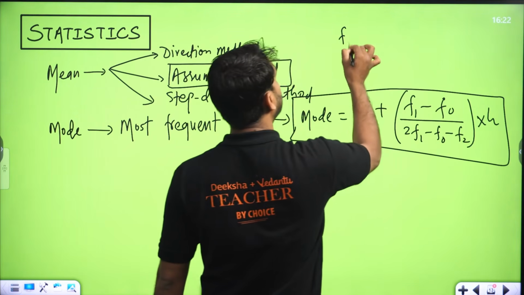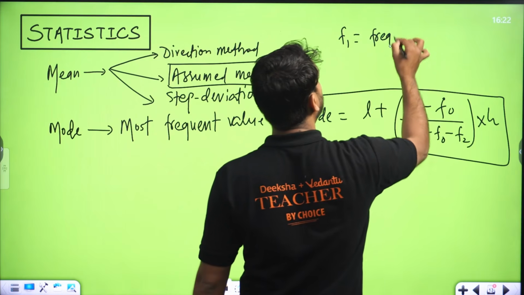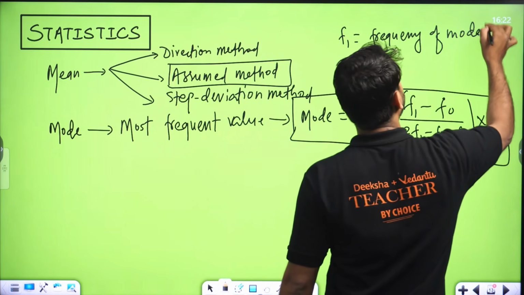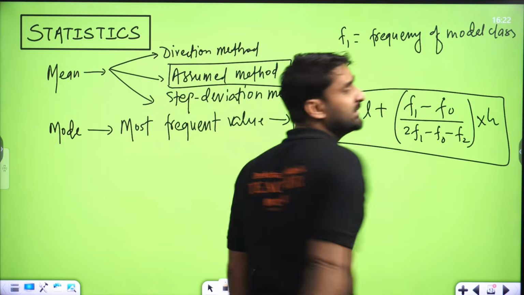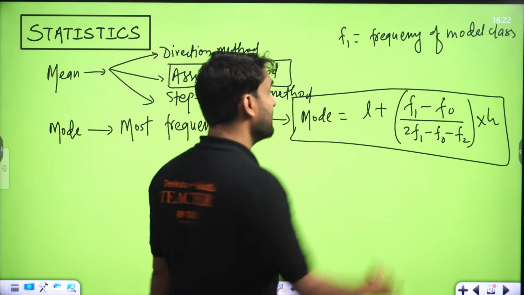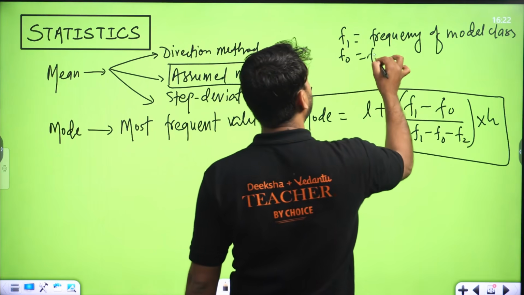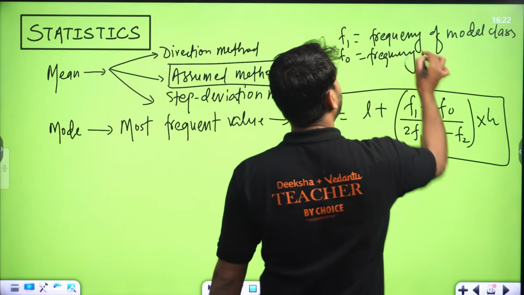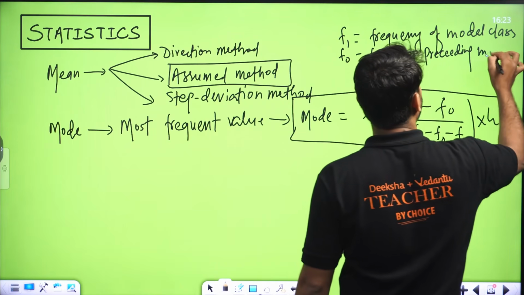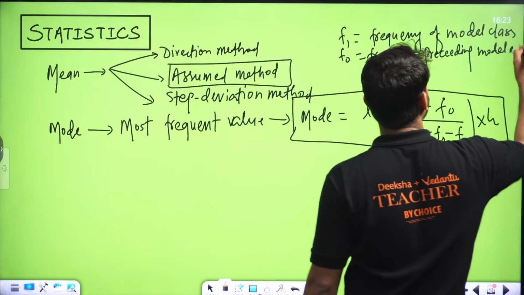By using this formula, you can find the mode of any frequency distribution table. Here f1 is what, my dear? The frequency of the modal class. You know the modal class, the class which has the maximum frequency. And f0 is the frequency of the class preceding the modal class, meaning the frequency before the modal class.